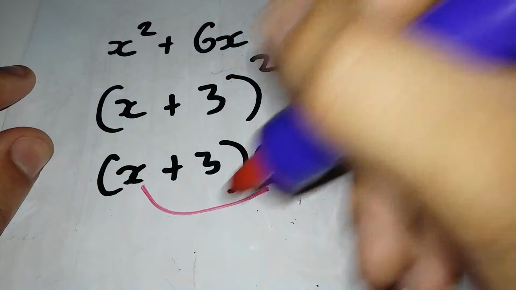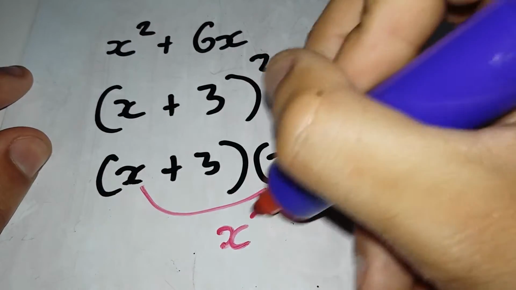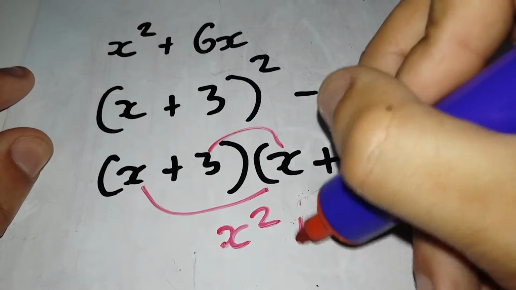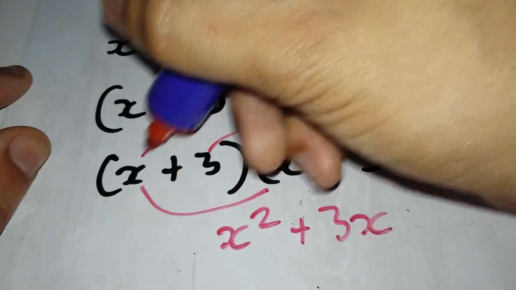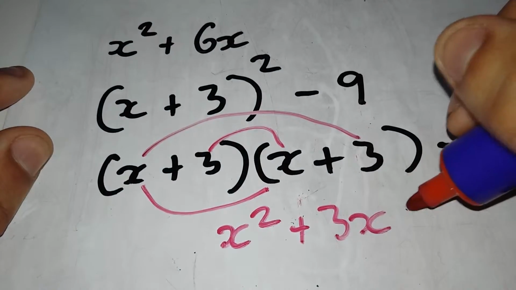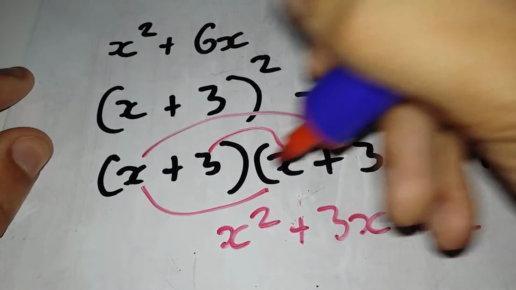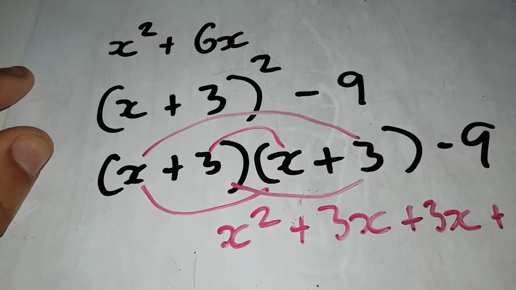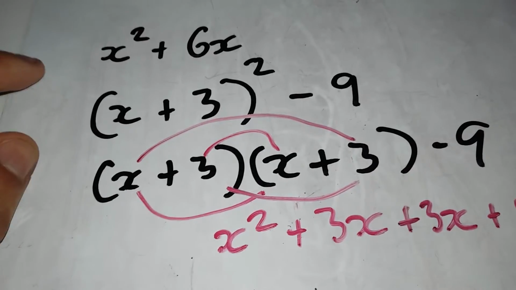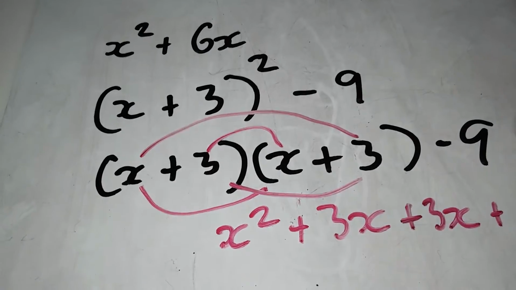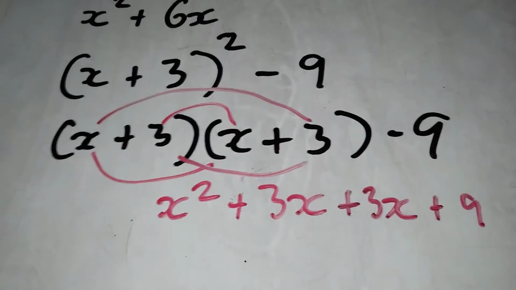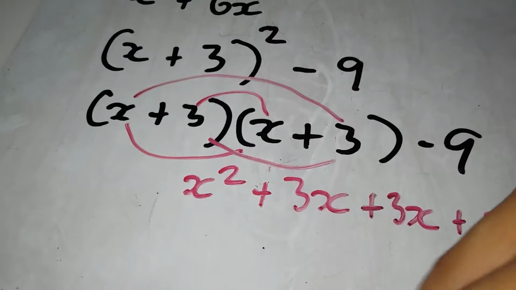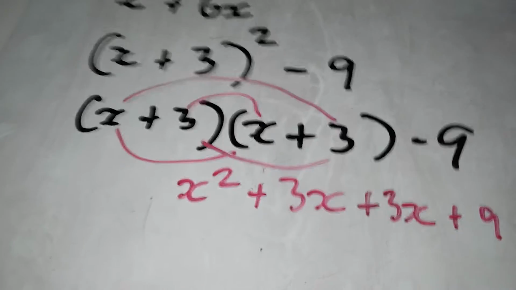We get x times x, which is x squared, 3 times x, which is 3x, x times 3, which is another 3x, and 3 times 3, which is 9. And don't forget the minus 9 over here. You also need to add that on as well.